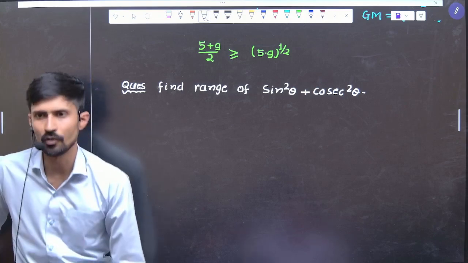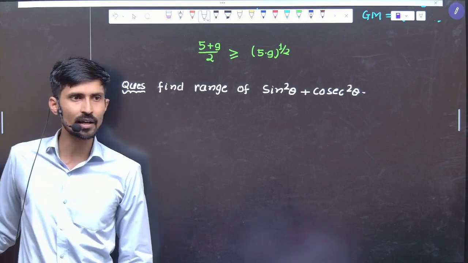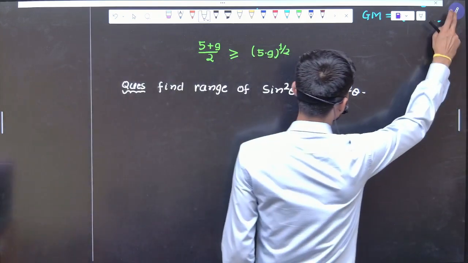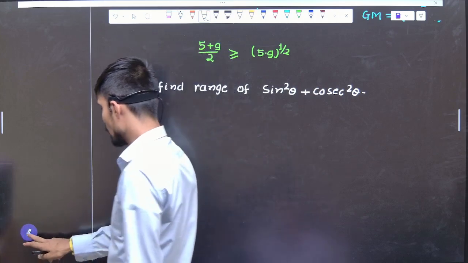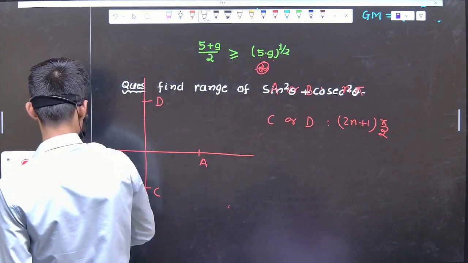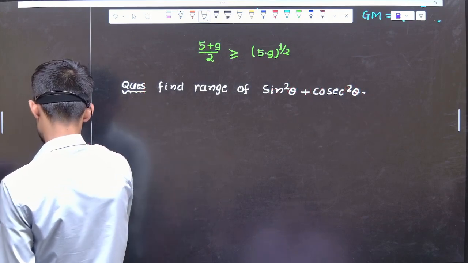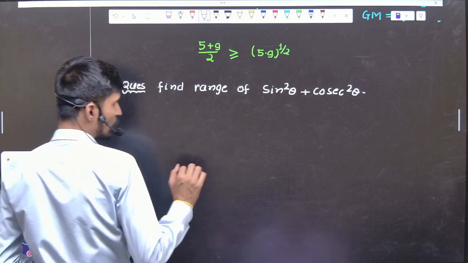This is the question: find range of sin square theta plus cosec square theta. Okay. And suppose you want to solve this question. So how will you solve? See how I am going to solve.